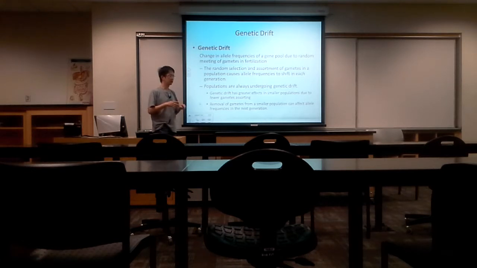The reason is that the rest of the population may not experience the change in the allele frequency or the genotype frequency. So when genetic drift occurs, it may only affect part of the population. If the population is very large, it may only affect a small part of the population. But the rest of the population is not being affected, so they can mate with the part that is being affected in order to stabilize the allele frequency and also the genotype frequency.